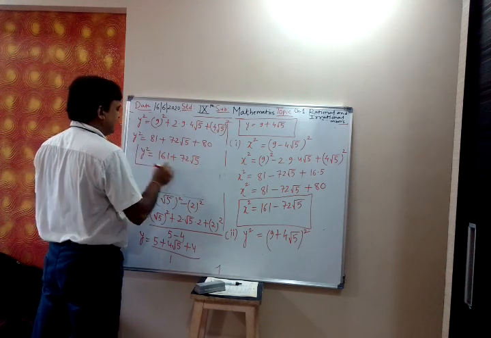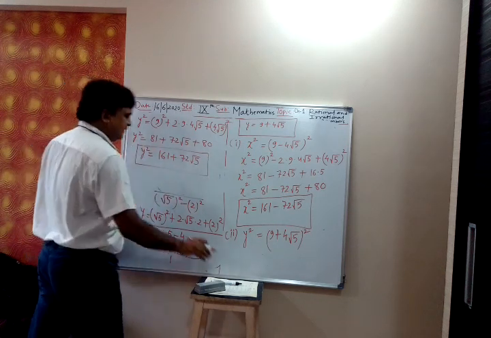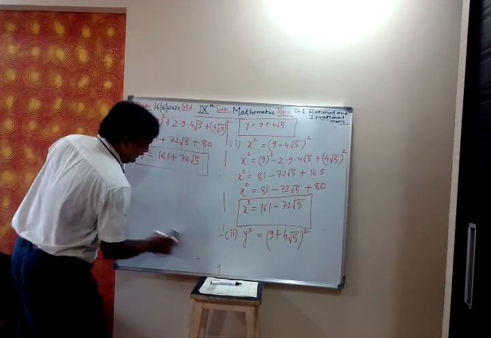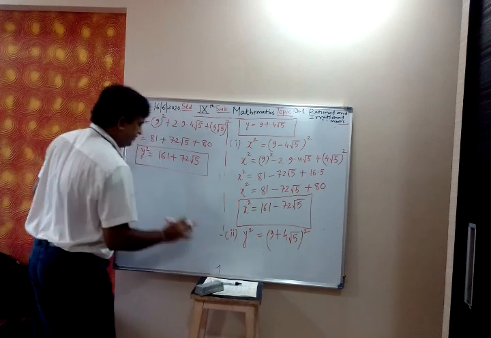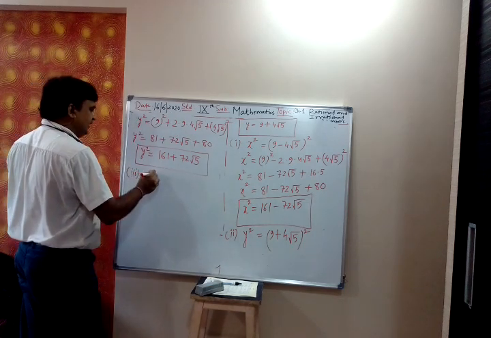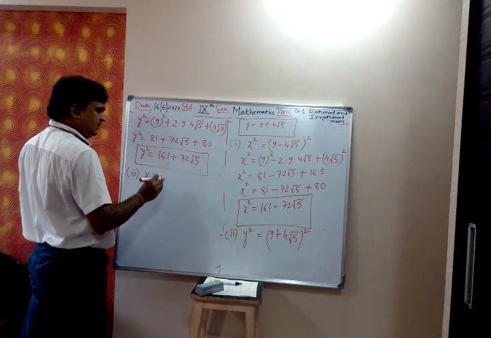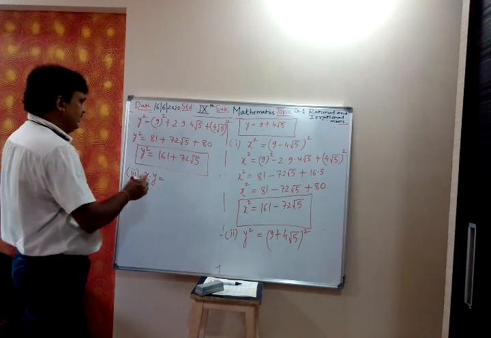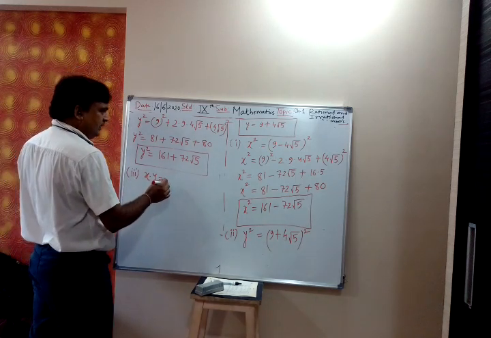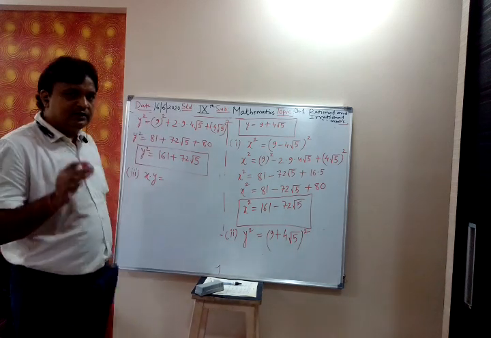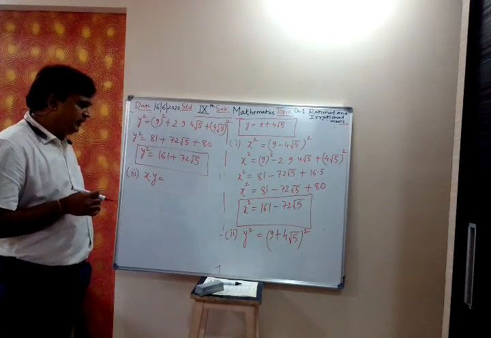This is y square. Now it is asked to find xy. Third it is xy.